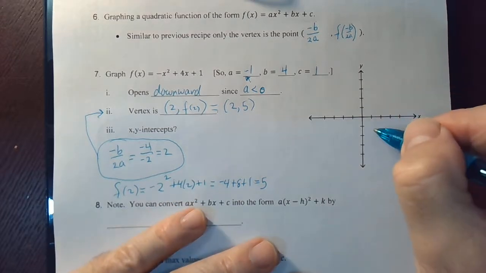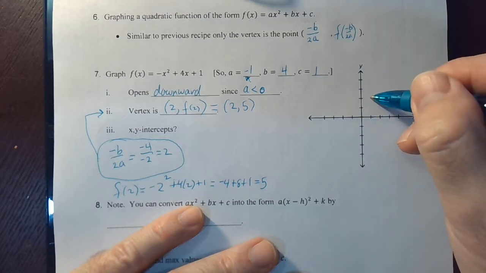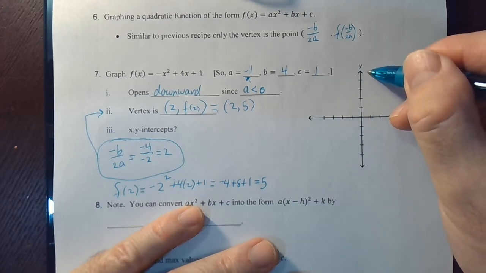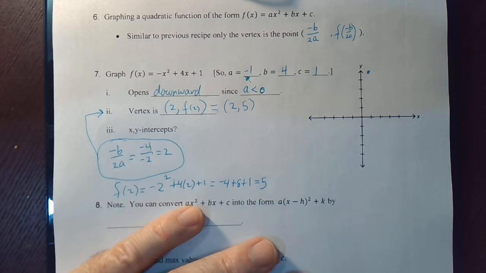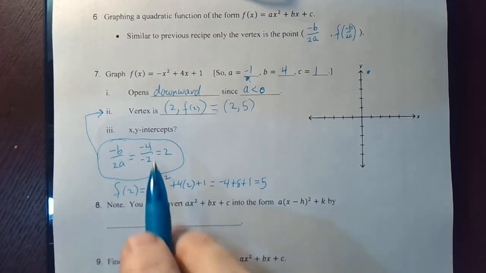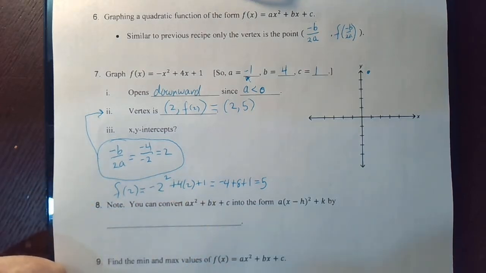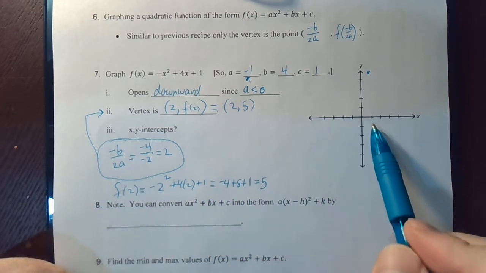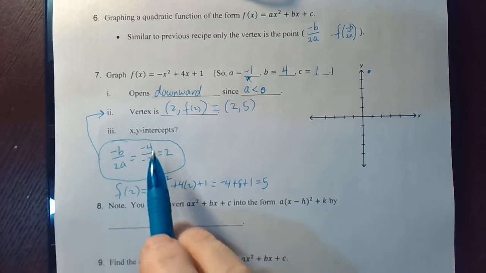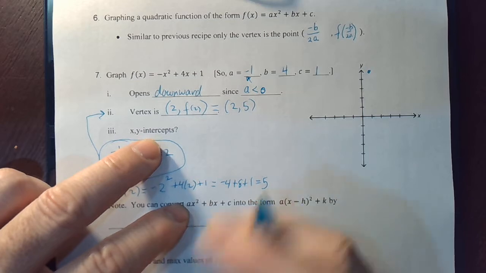All right, let's go ahead and plot that. Here's 2. And then we go 1, 2, 3, 4, 5. And it's going to open downward. And we could plug in x values to obtain a few points if we wanted to. Let's get the x and y intercepts. They might be nice points for us.